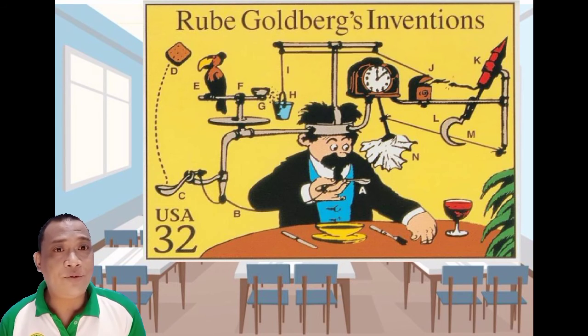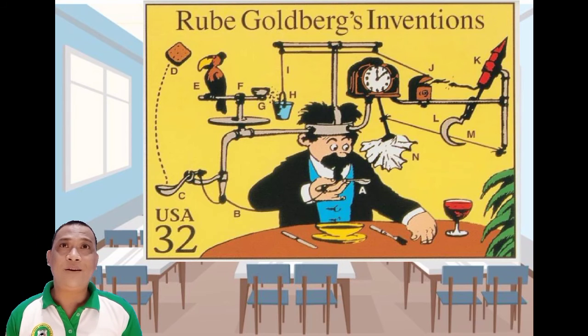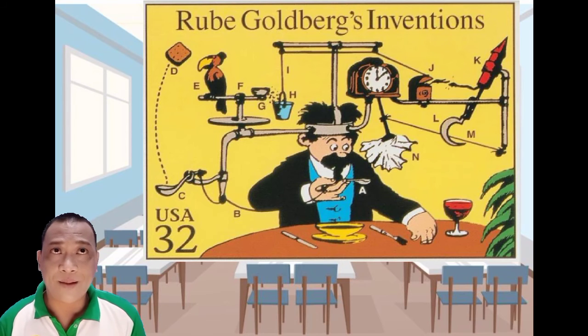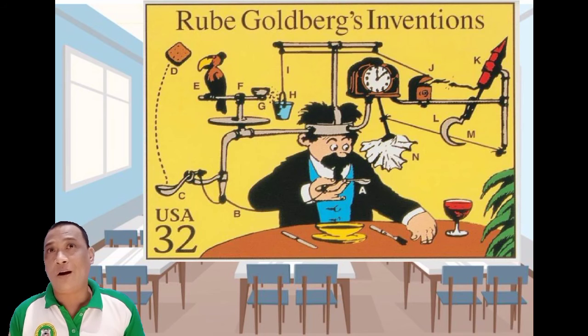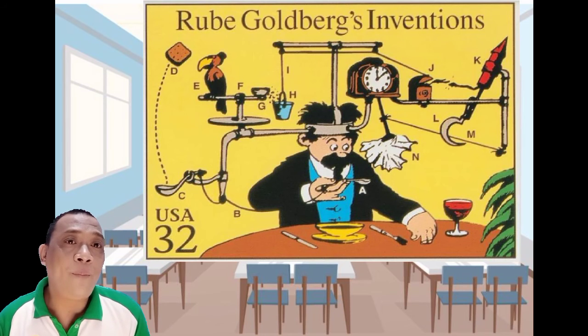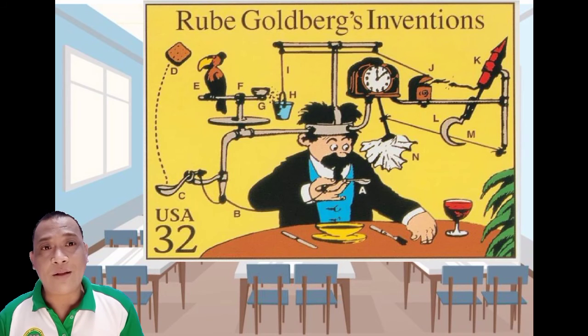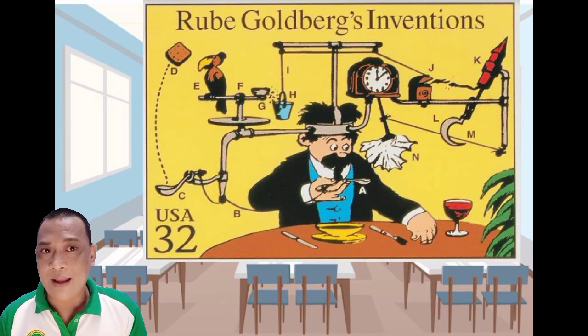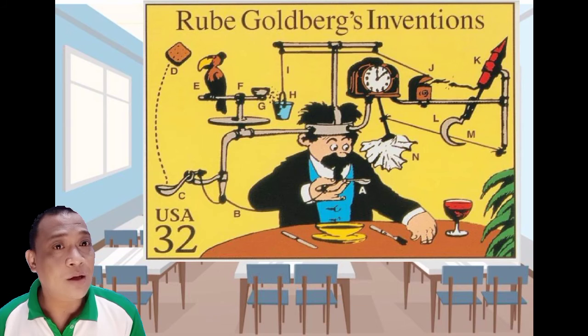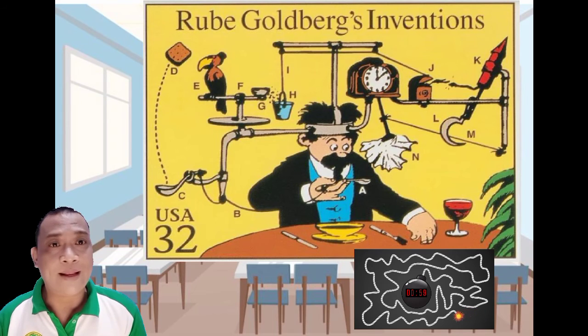All you have to do is write a series of if-then statements that would caption the cartoon from A to M. And you have 1 minute to do the task. And your 1 minute starts now.